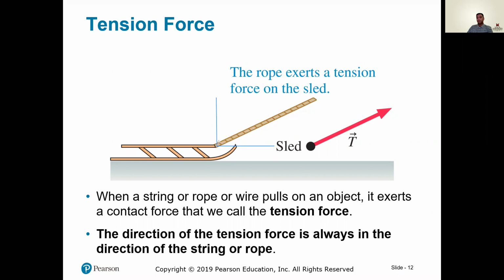When we solve a problem where a force is applied at an angle, we take the x and y components and treat these x and y motions independently or separately, all right? Anyway, as previously said, it's always in the direction of the string or rope.